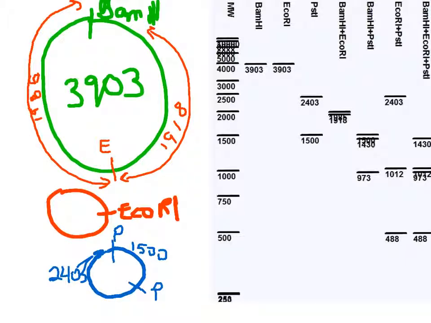So that tells me that somewhere along the PST digest, the BAM site has to be cutting this fragment, 2403, into a fragment which is 973 and a fragment which is 1430.